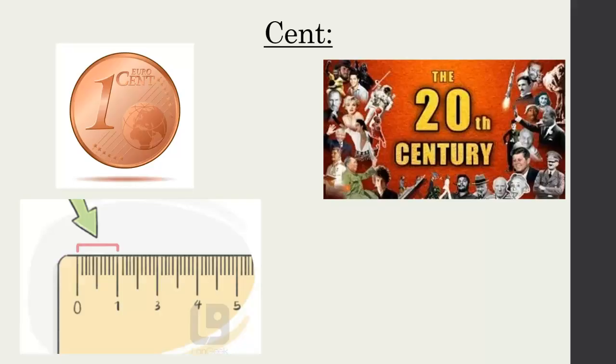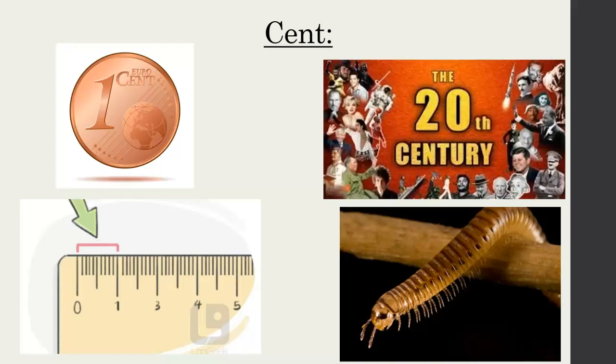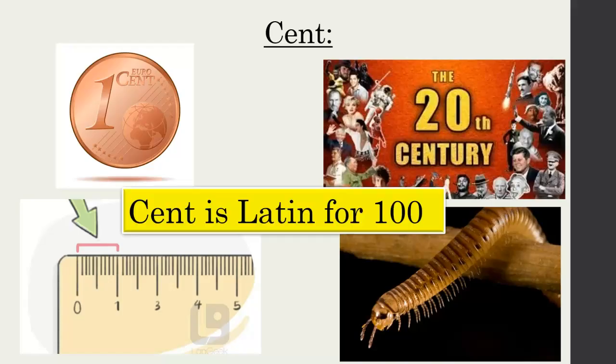Centimeter, if you're doing science or construction or something like that, you might have recalled that there's 100 centimeters in a meter. Or another one would be a centipede, and a centipede supposedly has around 100 legs. So you'll notice I mentioned 100 a lot there, and that's because cent is actually Latin for 100.